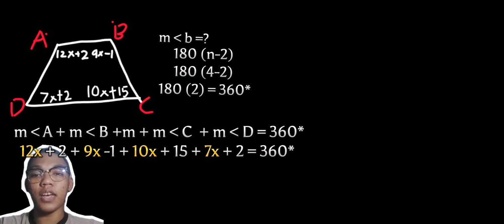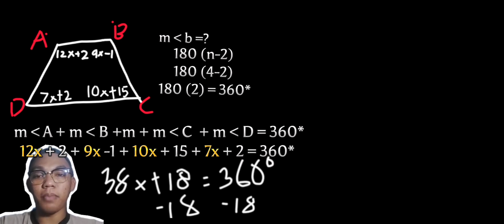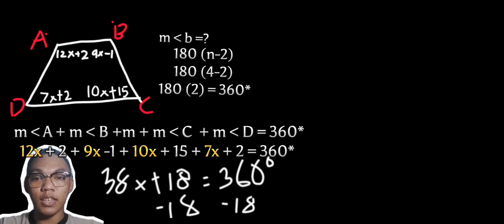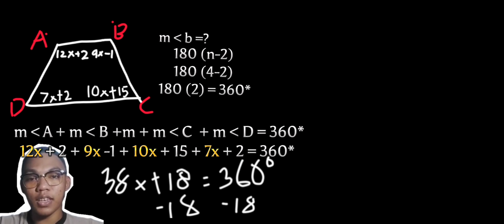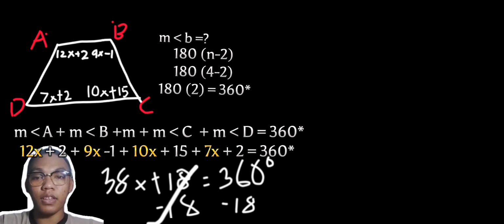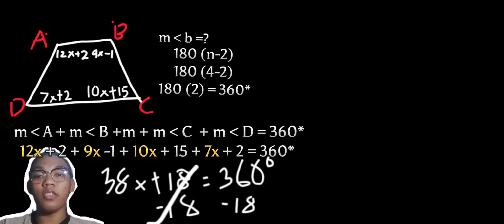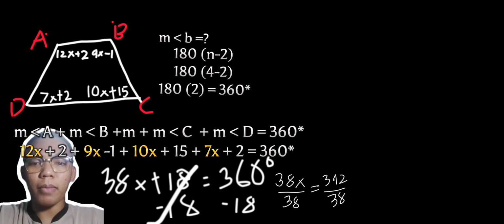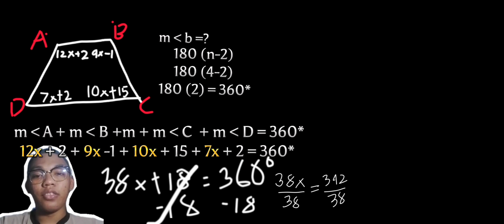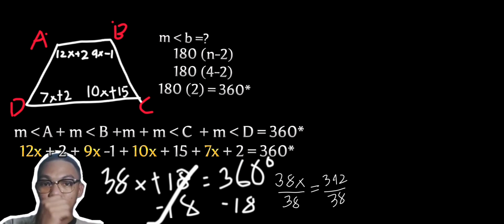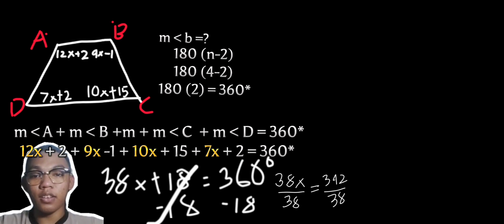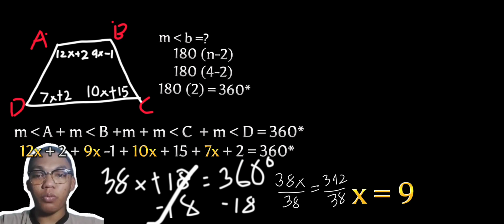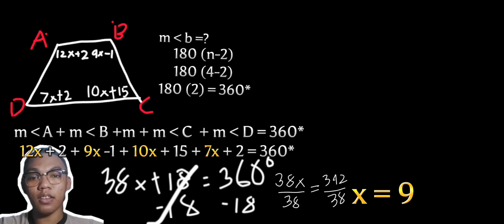So what we need to do now is subtract both sides by 18. Now 360 minus 18: 360 minus 10 is 350, and 350 minus 8 is 342. So now let's divide both sides by 38. 342 divided by 38 is 9.